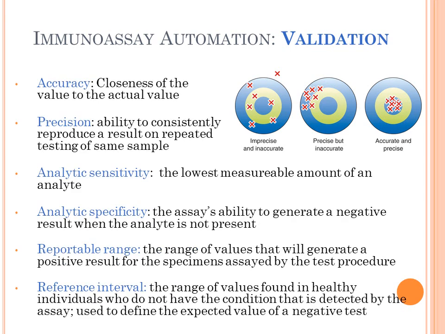Accuracy is defined as the closeness of the value you get with the actual value. So let's say you have a standard. It came in a vial produced by a manufacturer. They assayed it, let's say 1,000 times on equipment that was known to be accurate. And so they're telling you in that bottle, the right answer is such and such. And then you start running that specimen to see what kind of answers you get.